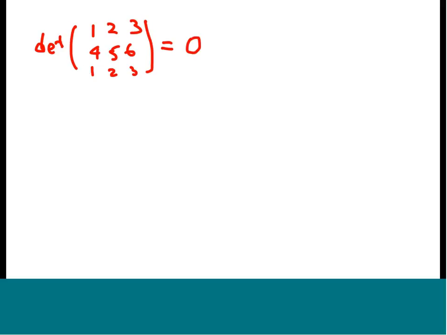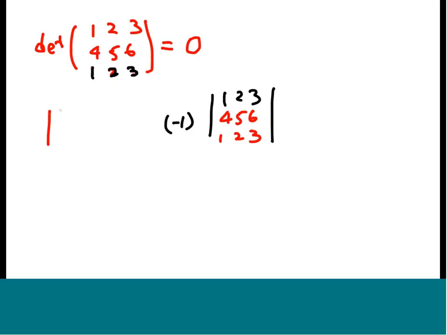Because you can write this 1, 2, 3 here, so if you switch the first row and the third row, you also get -1 times the same determinant. Whatever you call this one, call it x, you have x equal minus x. So x is 0.